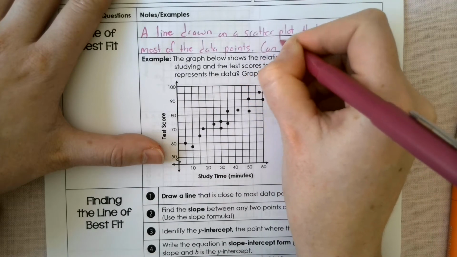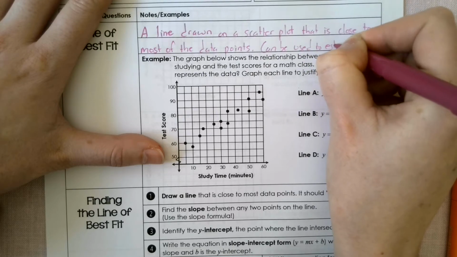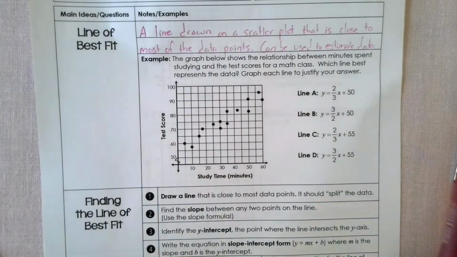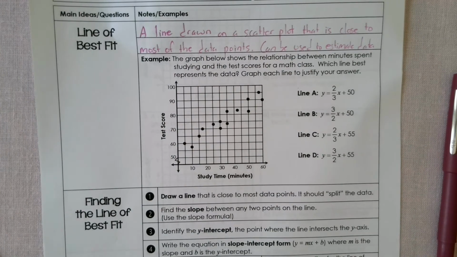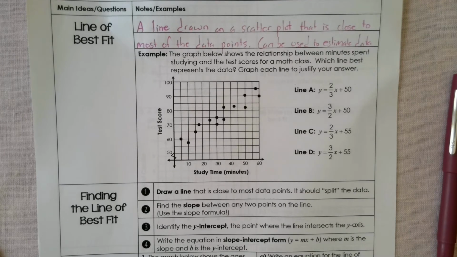And it can be used to estimate data. Okay? So, we like to estimate data because if we only have a couple of years worth of data, and if we want like the next 5 years, we can estimate it using the line of best fit.